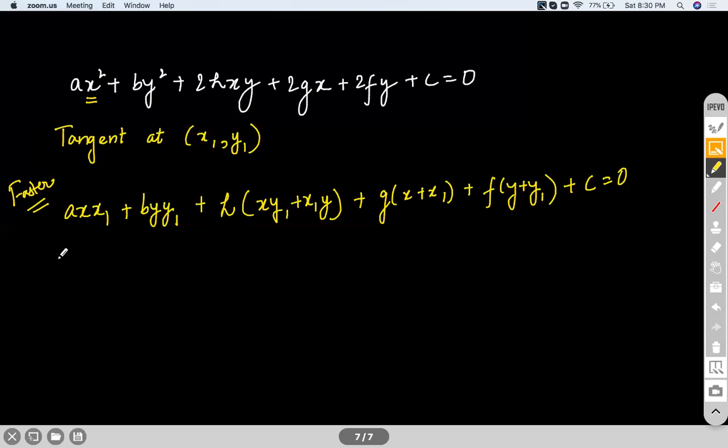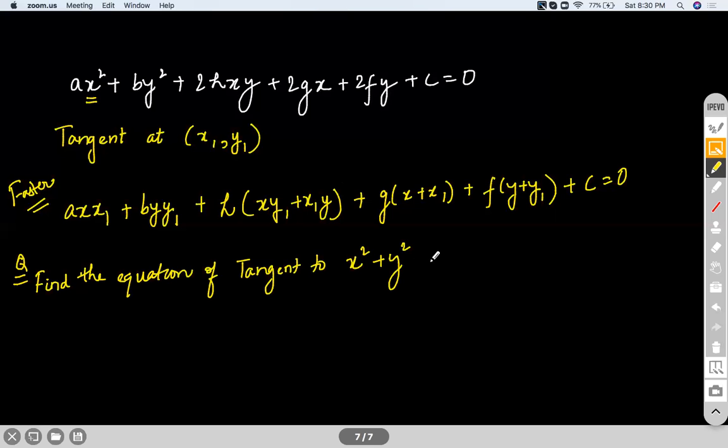Find the equation of tangent to the circle x square plus y square minus 2x equal to 0 at the point (3 by 2, root 3 by 2).